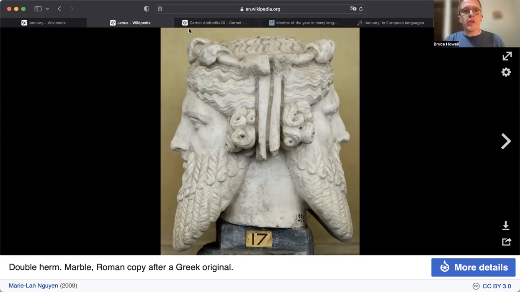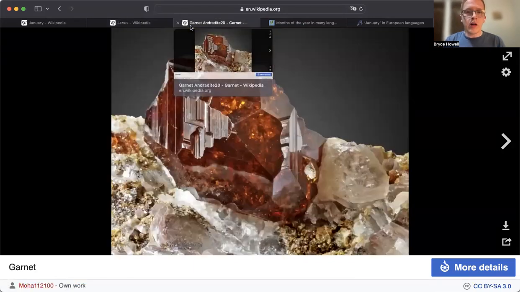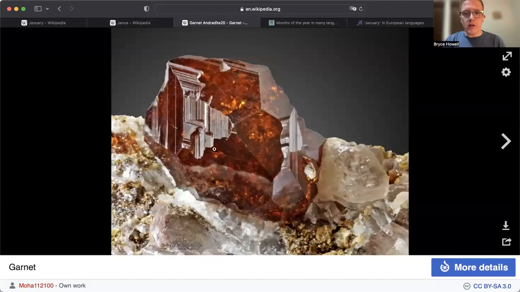I also, in my research, found out that the birthstone of January is the garnet, which you can see here. And the garnet has a significance that I think is interesting, especially thinking about the new year and how, especially around January 1st, we tend to come up with New Year's resolutions.